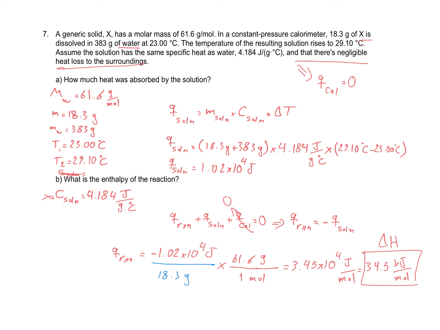And what you get here is joule per mole, and that's the enthalpy. So the enthalpy, I just converted that into kilojoule, is 34.5 kilojoule per mole, and that's our enthalpy.